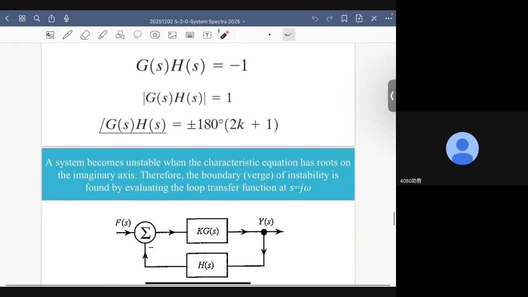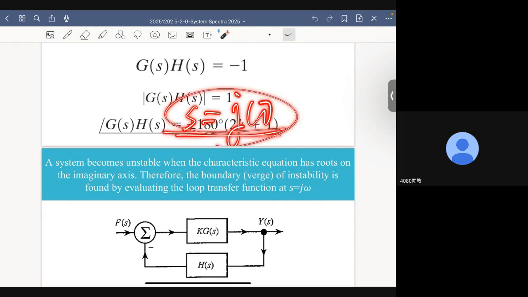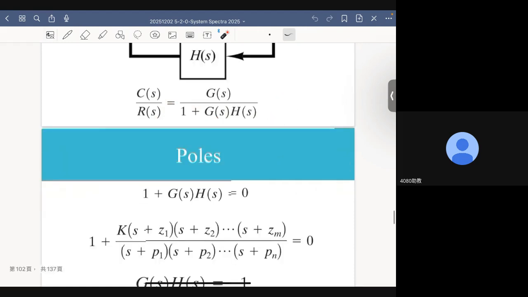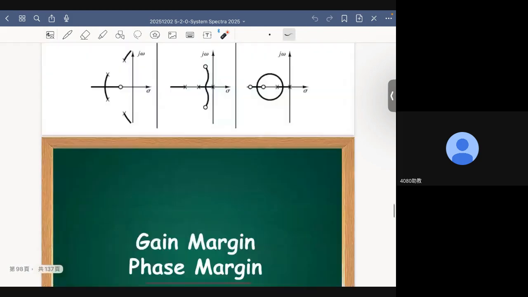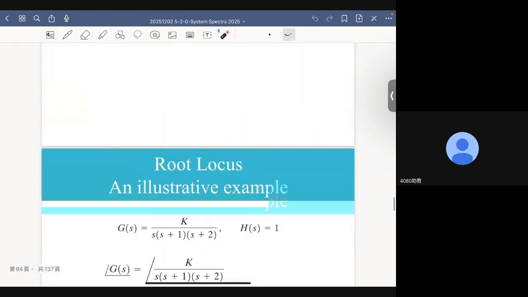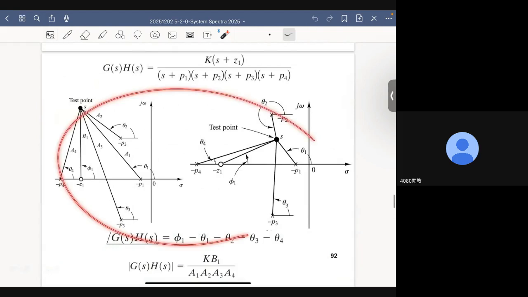Let me go back to this sentence. A system becomes unstable when the characteristic equation has roots on the imaginary axis. Therefore, the boundary or the verge of instability is found by evaluating the loop transfer function at s equal to j omega. Okay, so let's say, as in this case, instead of on this position, let's assume s is located here, all right?